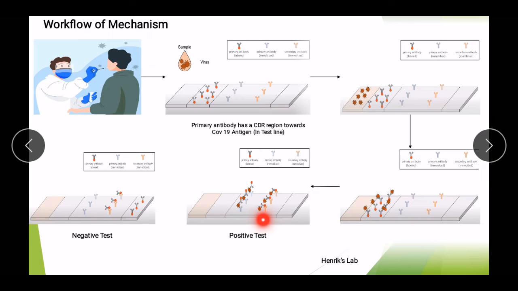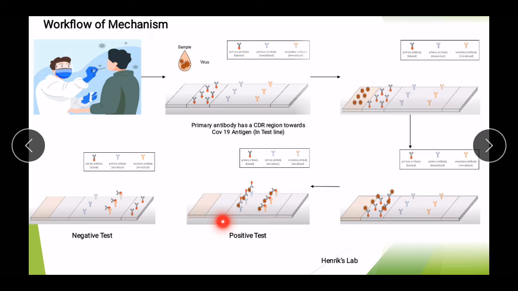In the first case there is binding of the antigen, and in the second case there is binding of the probe with the control line. Hence it is a positive test, because in both cases we receive a band.